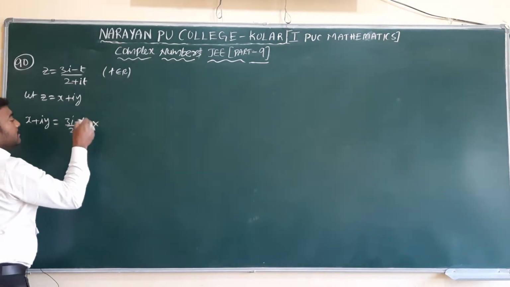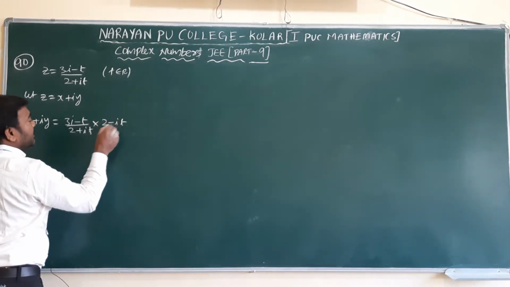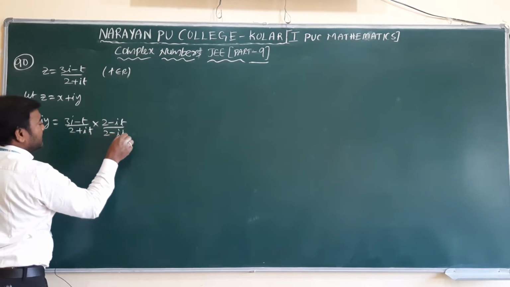So rationalize: here denominator 2 minus it divided by 2 minus it.